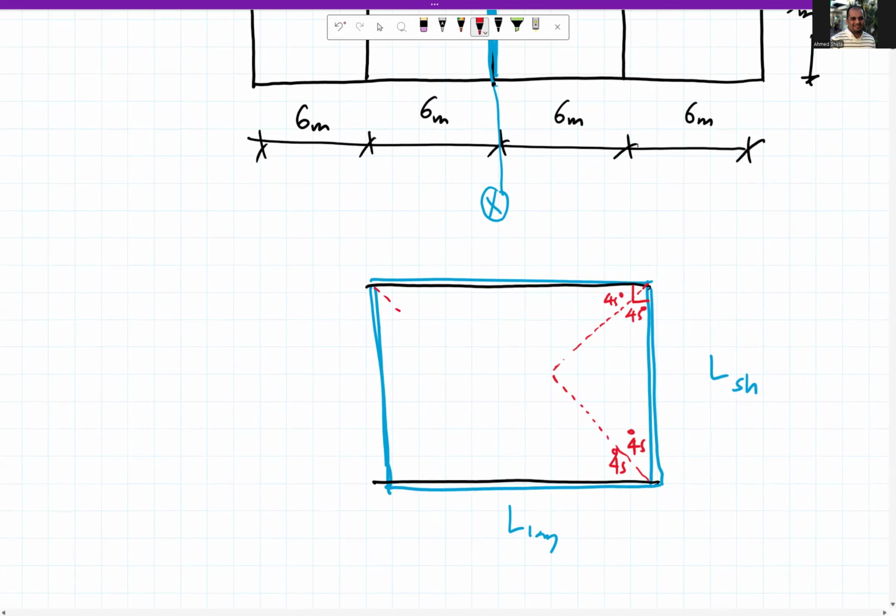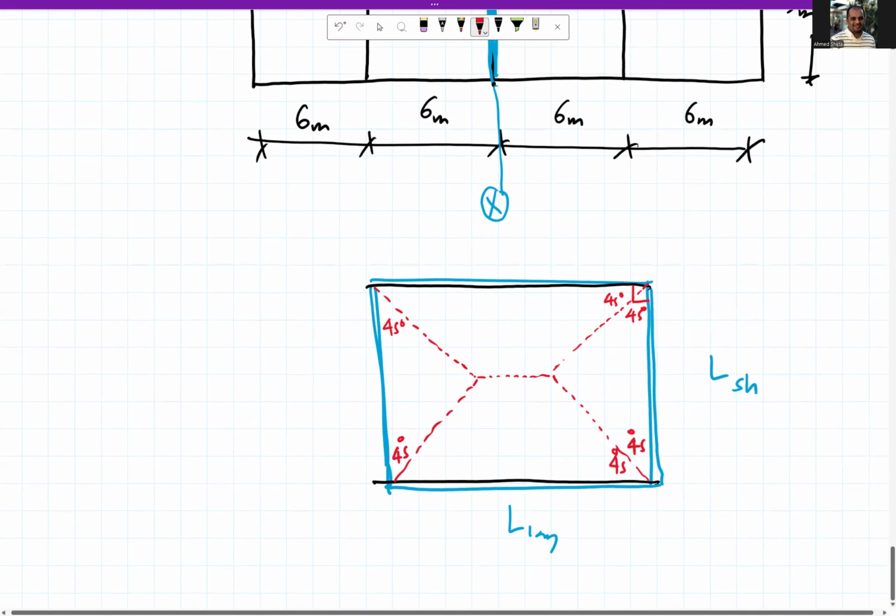Here also as well we have the same concept, 45 and 45 degree, and then these two cracks will intersect here. So the cracking of this slab will be like that, 45 degree, 45 degree.